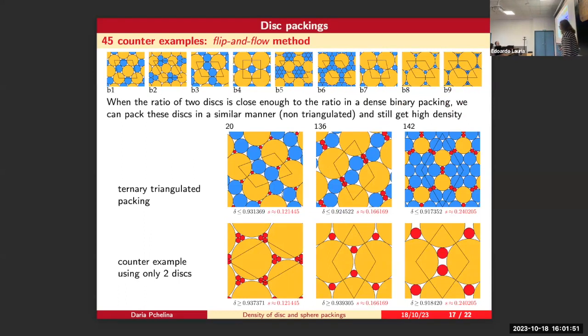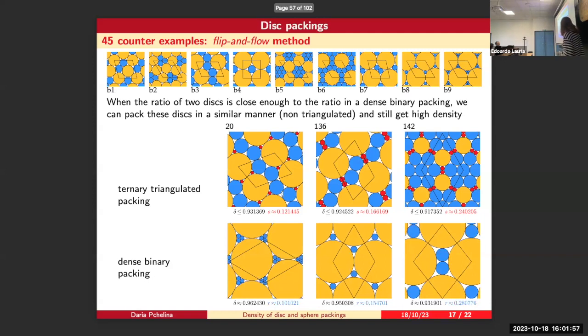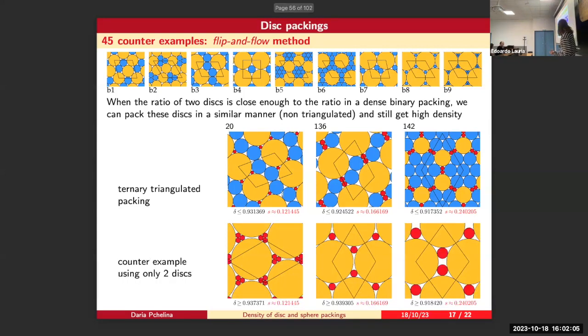They are also inspired by binary disk packings. We noticed that if we take a binary triangulated packing like this one, and we apply a continuous transformation by inflating or deflating the small disk, and we try to keep as many tangencies as possible. So here we only break this tangency.